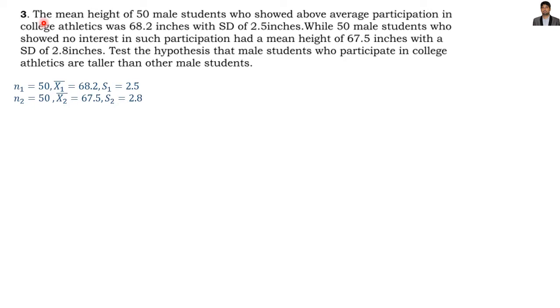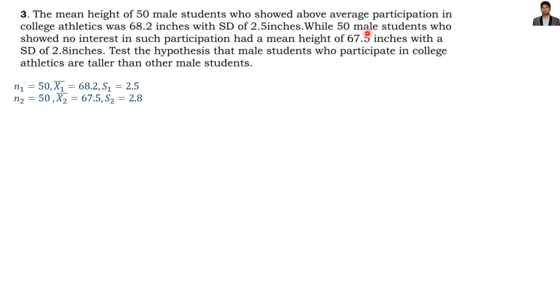Number 3, the mean height of 50 male students, N1 is 50, who showed above average participation in college athletics was 68.2. X bar 1 is equal to 68.2, with SD of 2.5, S1 is equal to 2.5.